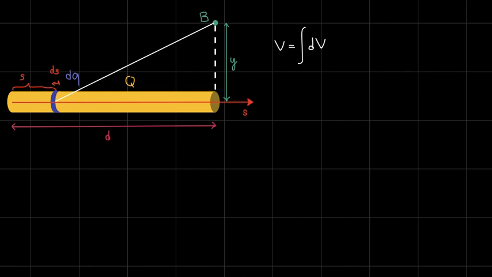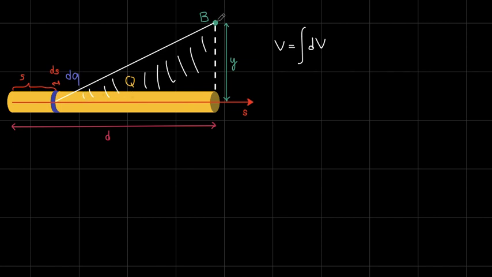Now, finding the distance between dq and point B is a little tricky. So if you think about it, focus on this triangle right here, and the distance, the white segment, is the distance between dq and point B.